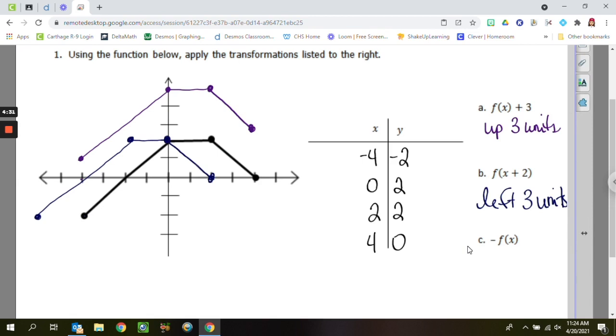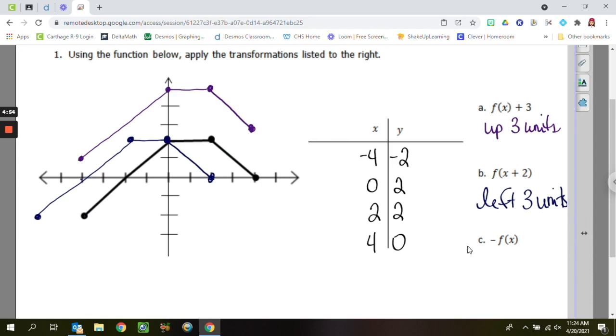Now the last one. A negative has been applied, so that means a reflection. The question is, which values have we switched? Have we switched our x values or have we switched our y values?